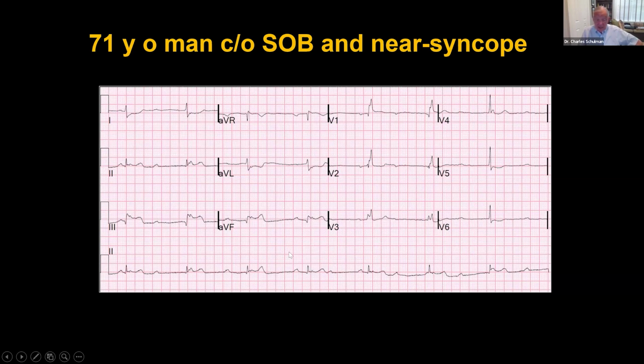The reason he has complete heart block is because he has ST elevation in leads 2, 3, and AVF. 3 is greater than 2. Two is not quite so prominent. This is confusing because there's a P wave stuck in there. See, here it shows it a little bit better.